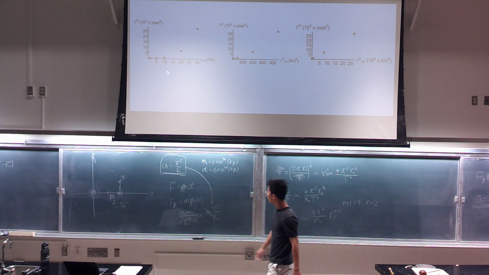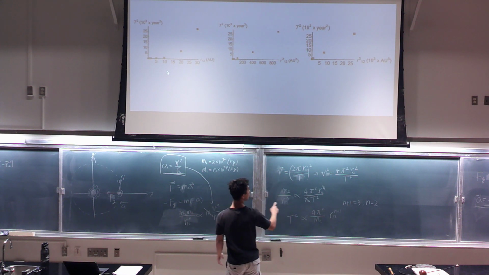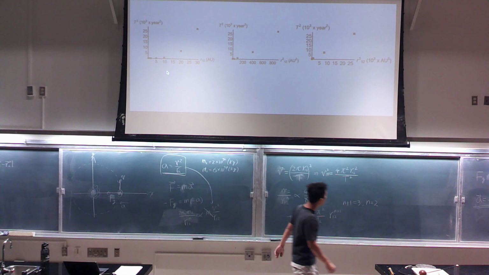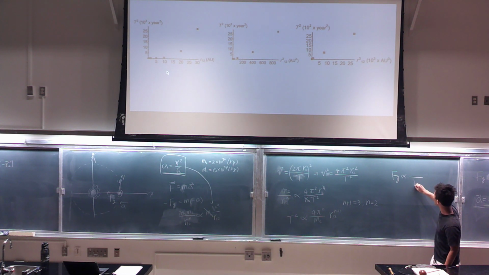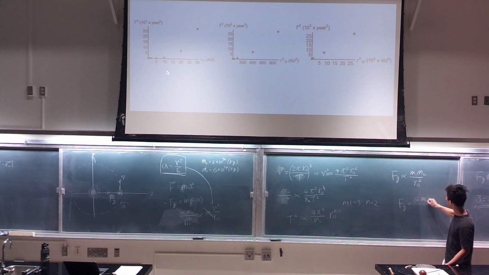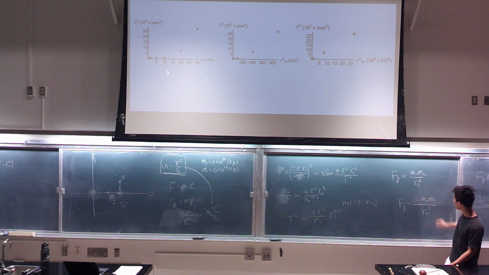So gravity here, we know gravity is proportional to the distance squared and their masses. So let's call the proportional constant capital G, m1, m2. And this capital G is the gravitational constant.